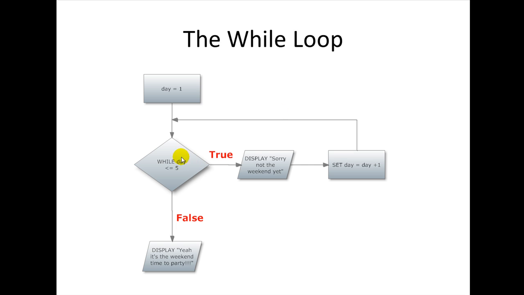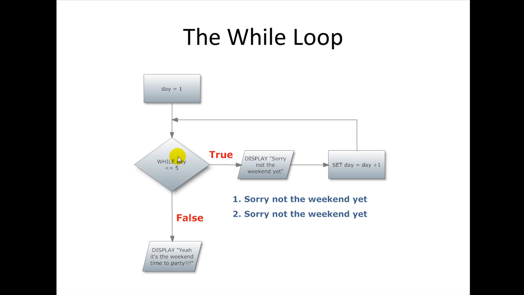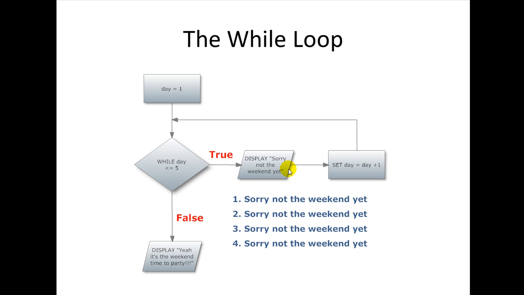So when this goes through and you're actually running your little loop, we display sorry, not the weekend yet. So it comes back up and loops. Now we're going through again with day 2. Sorry, not the weekend yet. One more go around? Nope, not the weekend. It's the 4th. It's the 5th.